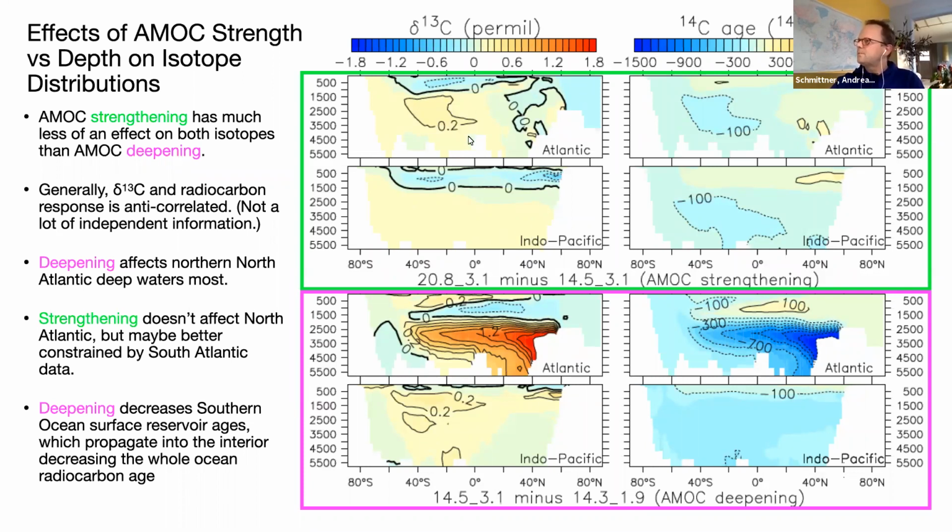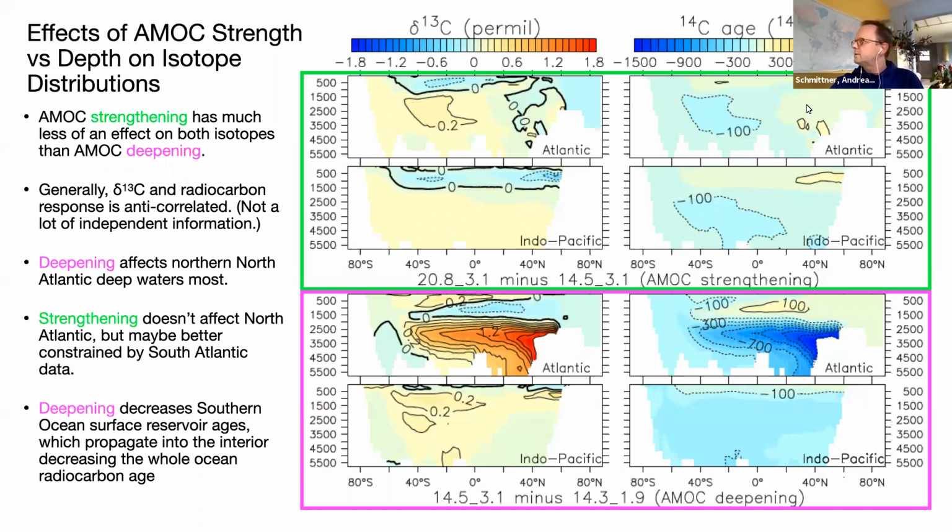But in general, the anomalies are small compared with the C13 anomalies you get from a depth change, as shown in the lower frame surrounded by magenta. Especially in the deep North Atlantic, you get much larger C13 changes, more than 1 per mil, compared to about 0.2 per mil for the strengthening.